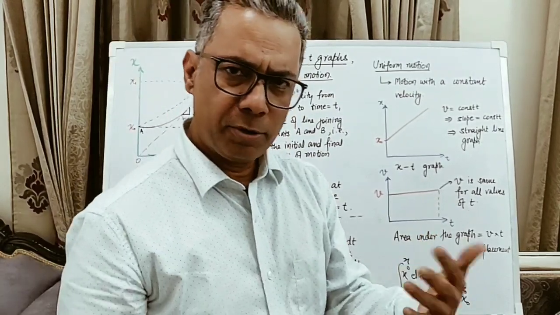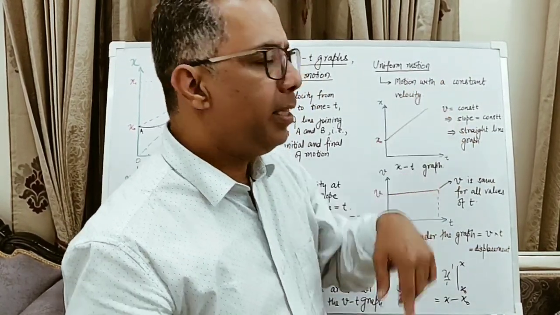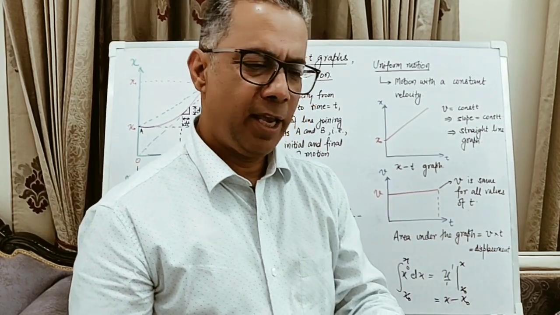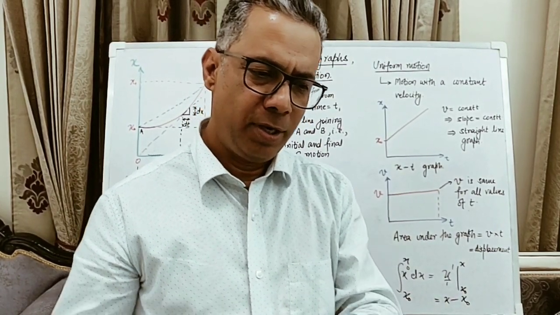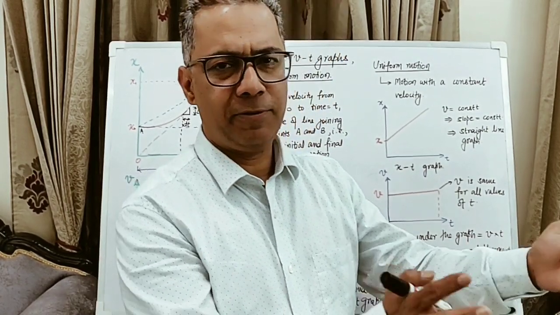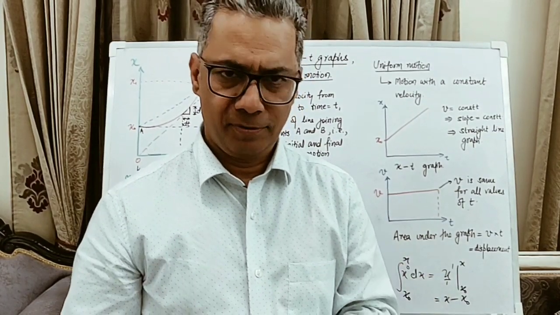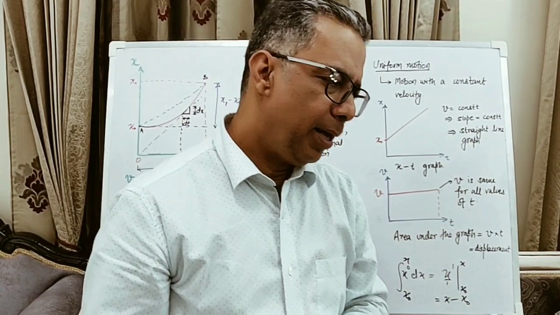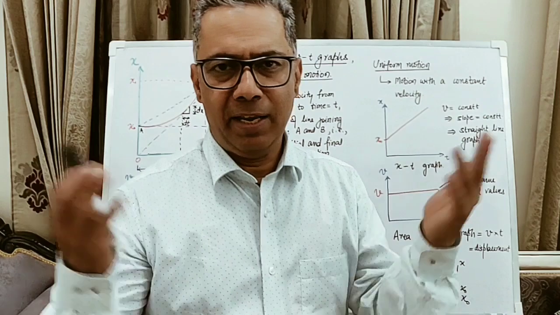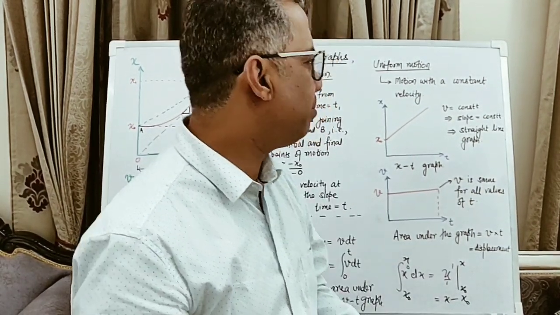In certain books, the not so great books, they say that uniform motion is a motion in which displacements of an object in equal intervals of time remain equal irrespective of the size of the interval. Now that is a complicated way of expressing what's a very simple concept.